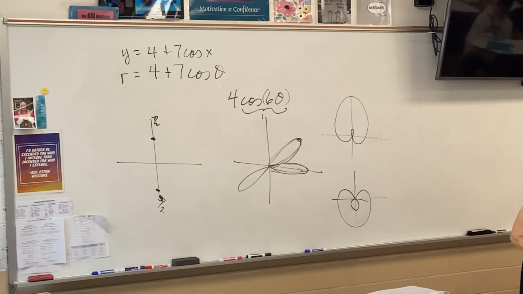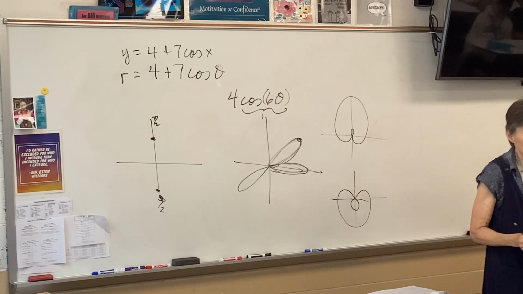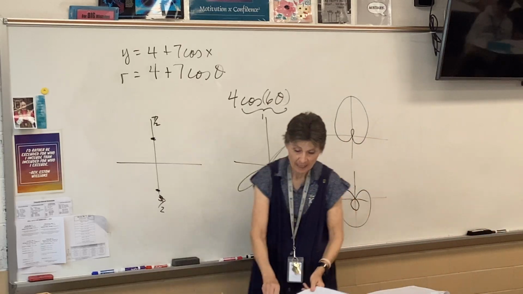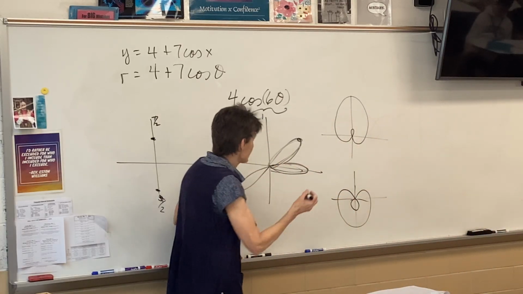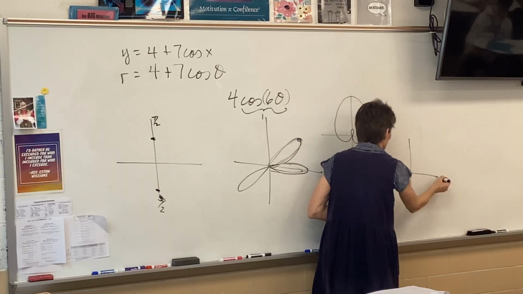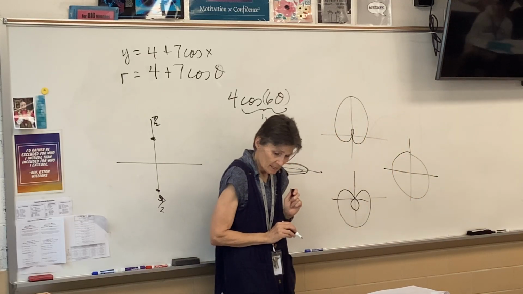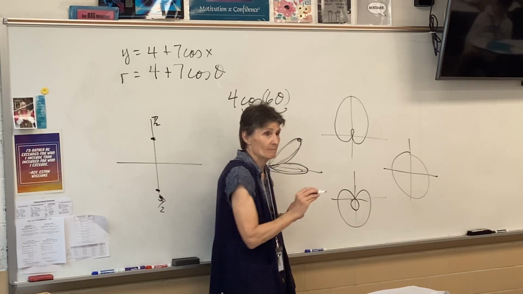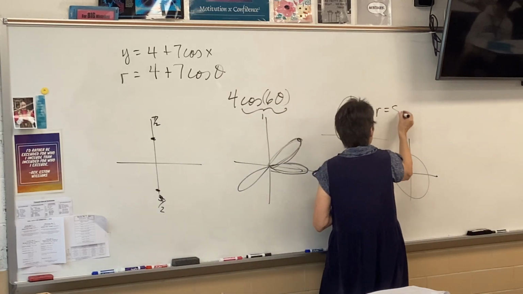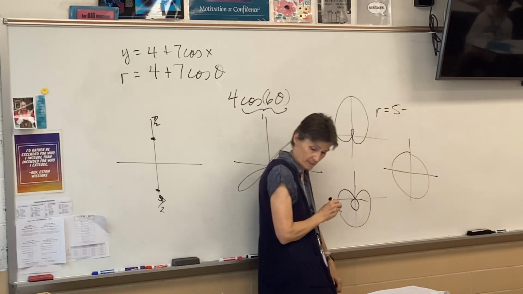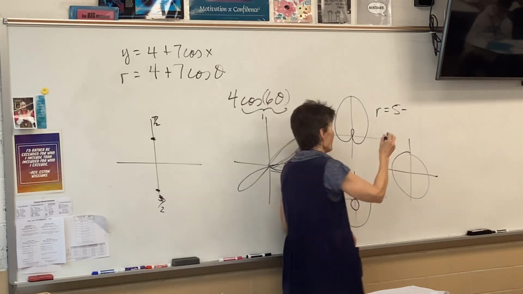Because what? Because it's on the pi. Okay, but let's think about that for a second. Here's my grid. Circles there. If I put in pi, I have 5 minus 2 cosine pi.